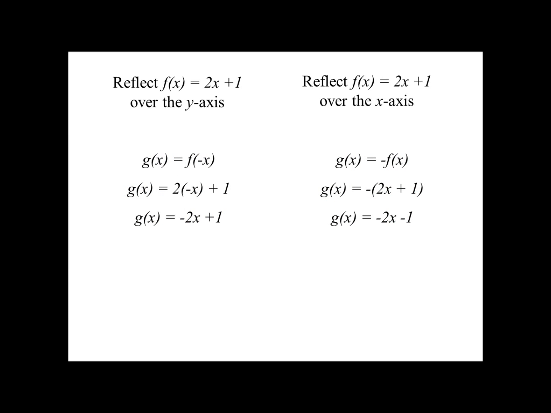So if we put a negative in there with the x, we get negative 2x plus 1. Just that first term got the negative. If we reflect over the x-axis, we multiply the whole function by a negative. We distribute that negative in, we get negative 2x minus 1. And it doesn't look like a big difference, but this is going to be a different graph for these two functions.